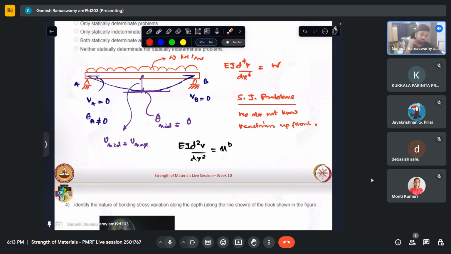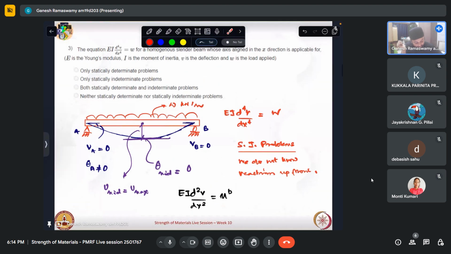So you should be able to supply 4 boundary conditions that are useful and meaningful for you to get the solutions. This is generally used in plates, but that is something I'm just mentioning. It comes in a course called Plates and Shells.